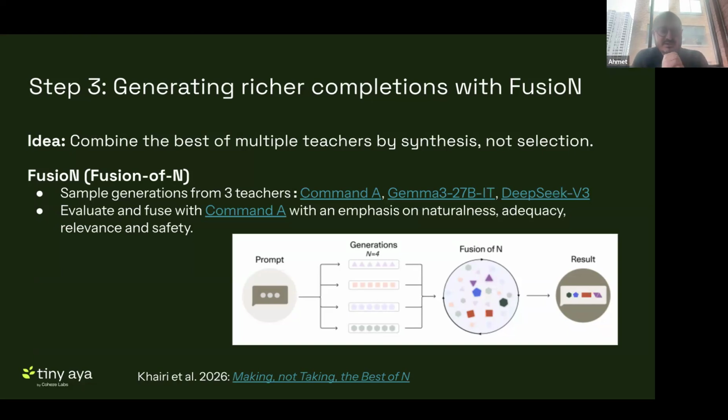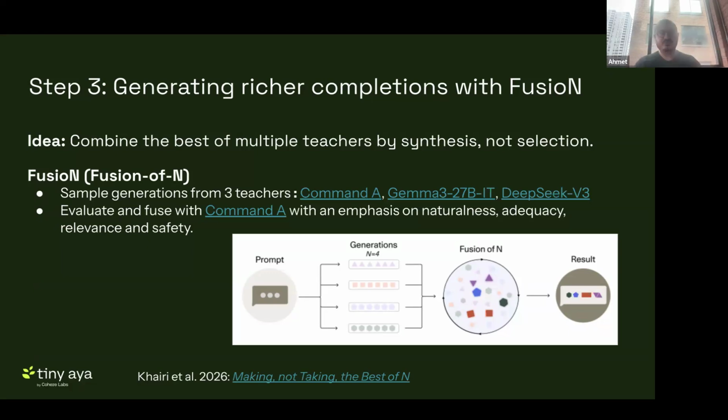So what this gives us, first of all, prevents having a bias from a particular model, because in one language Command A might be the best teacher, but in another language Gemma 27B could be the best. But if you only use this best of N sort of approach, you may end up having post-training data that is, in one language, lots of Command A data, in another, lots of DeepSeek data, and it creates interference inside the training data that you have.